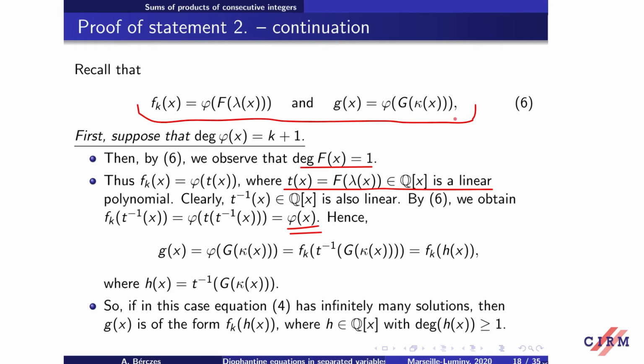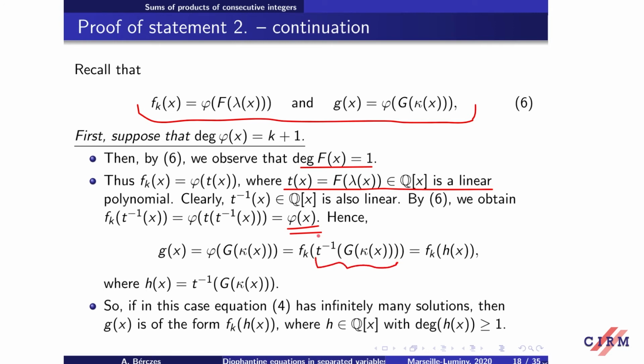Now, if we go to the other polynomial, g(x) is composed like φ(g(κ(x))), but φ can be written like F_k(t⁻¹). And now you see that this is F_k of something.